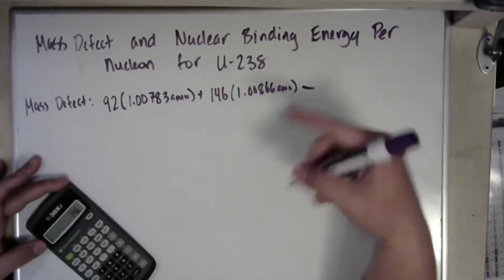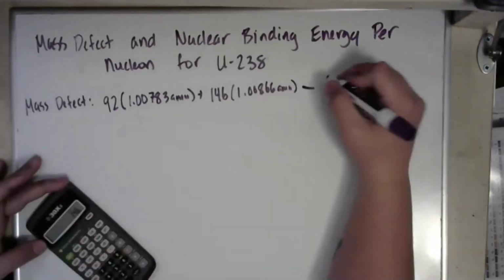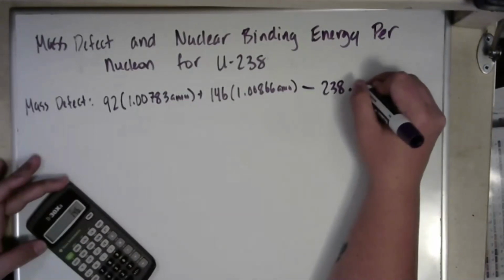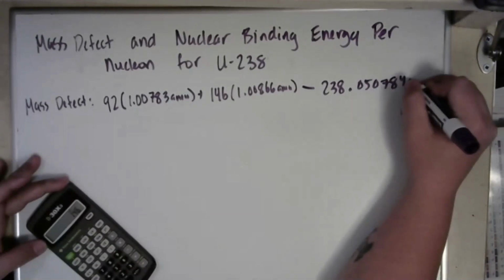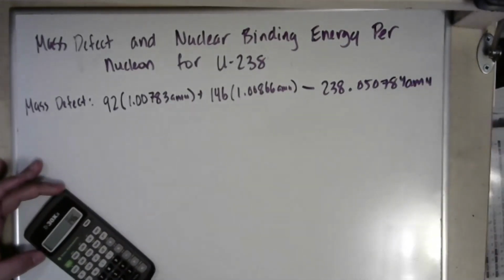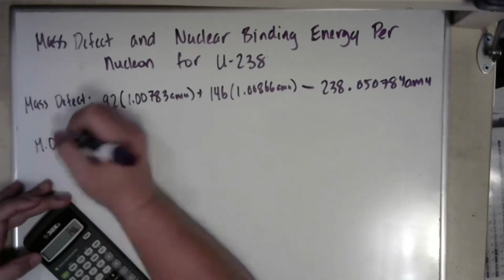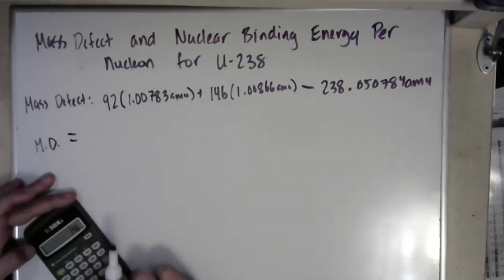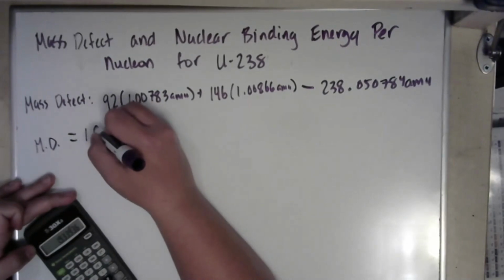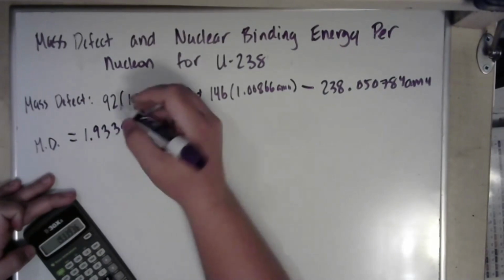And then we're going to subtract the mass of the uranium-238 that they gave us in the problem, 238.050784 AMU. So we get a mass defect of 1.9339 AMU.